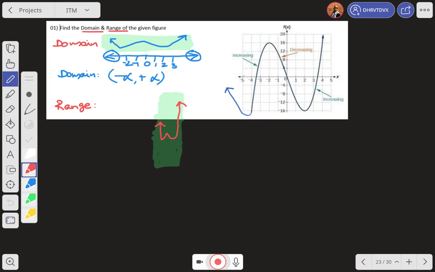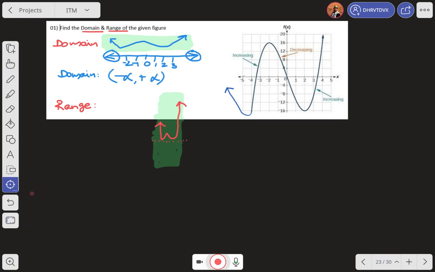W shape. And what is the lowest value here? If you are looking for the lowest value, we don't have any numbers, so let's refer to this one. I see that it is -16. See, I'm trying to accommodate the given figure on the bold y-axis.